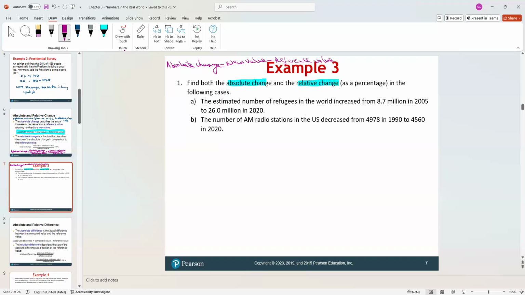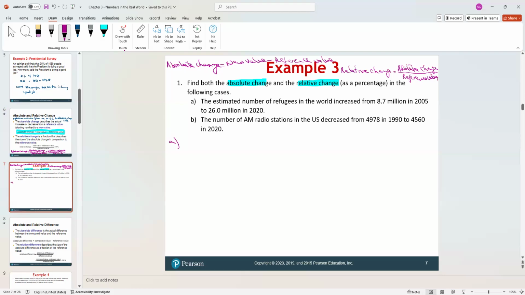And we have relative change equals absolute change over reference value. All right, now let's go with A.